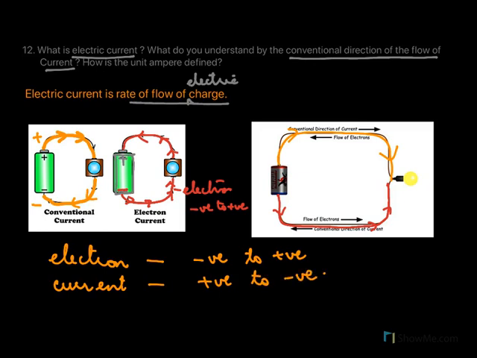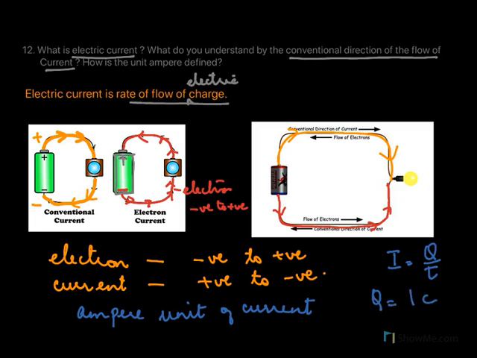Next, how is the unit ampere defined? Ampere is a unit of current, and to define it, we know that current I equals Q over T. So if Q is 1 coulomb and time is 1 second, then I equals 1 coulomb over 1 second, that is 1 ampere.